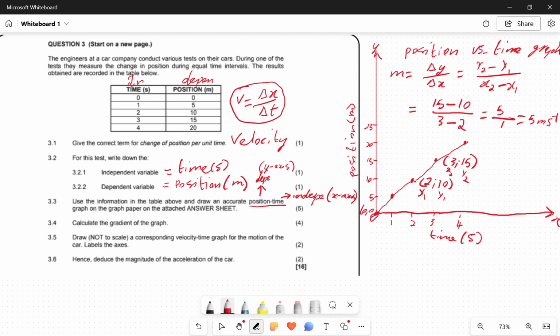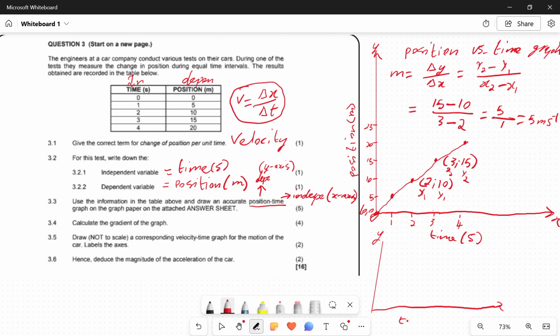How is constant velocity represented? This is how on a graph. My graph will not be perfect, nor will it be big. So this is what I have. When I have my y-axis here, here I'm gonna have my x.